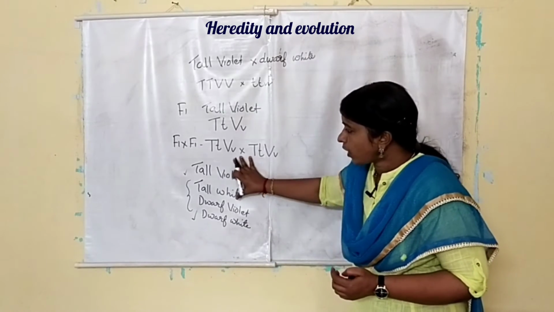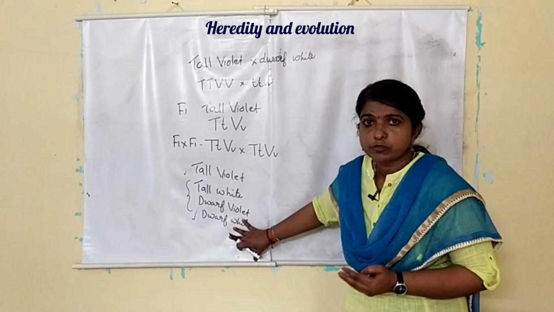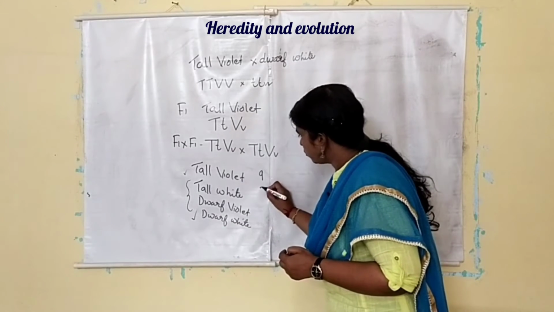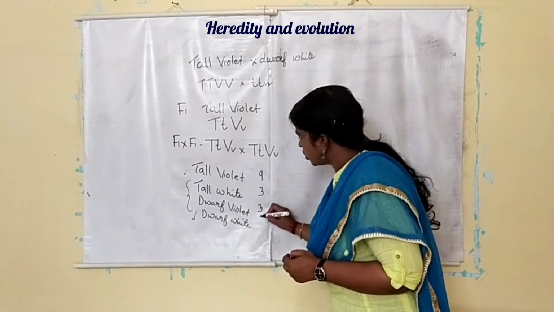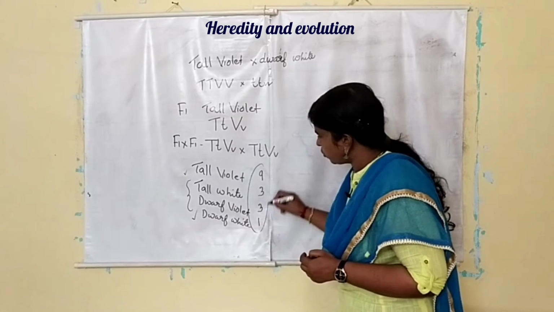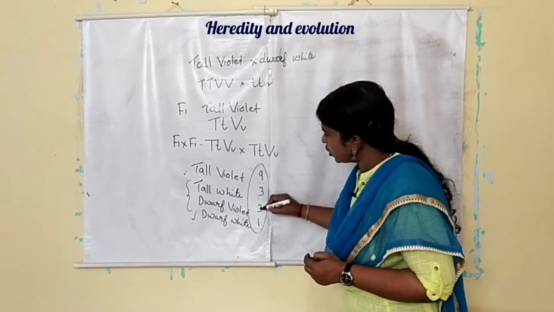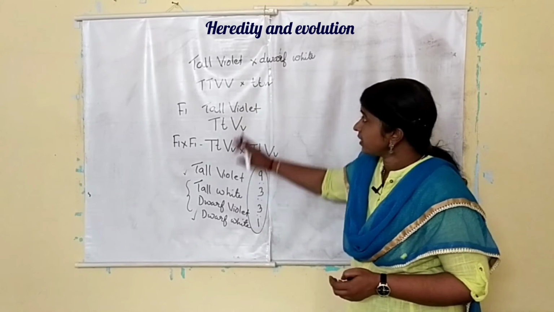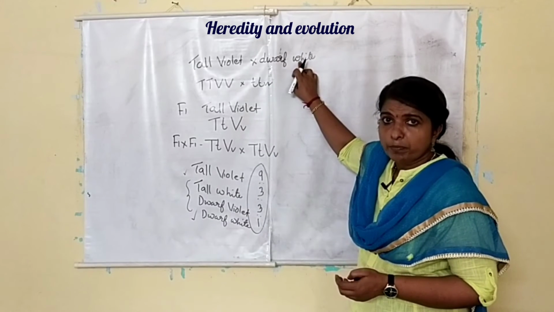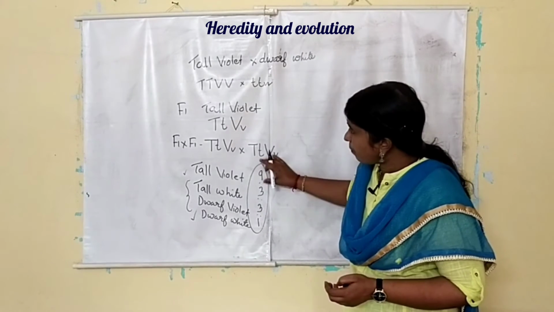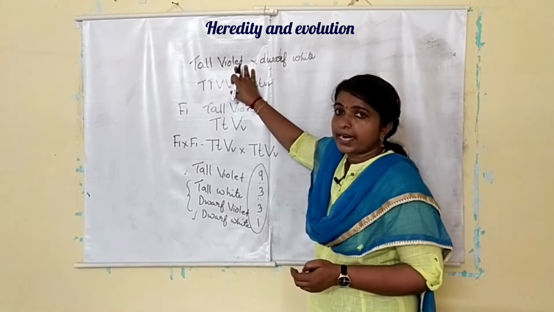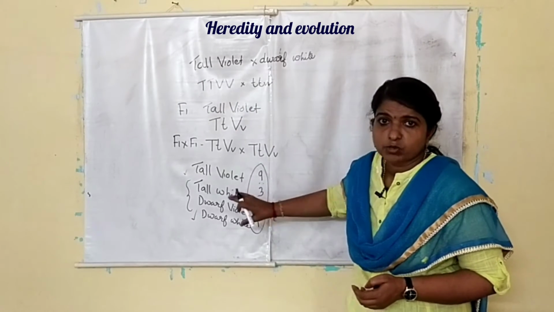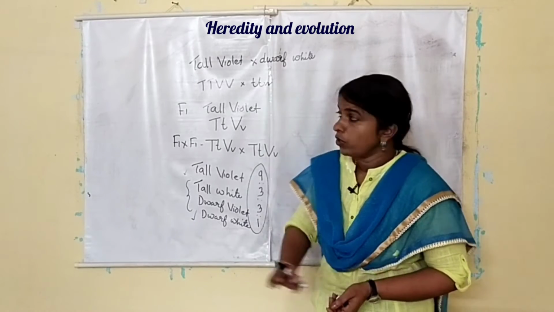And he got all these 4 different types of progenies in the ratio 9:3:3:1. The least one is the recessive parental combination. The highest number is the dominant parental combination. But in between, 2 other combinations were also formed. How?